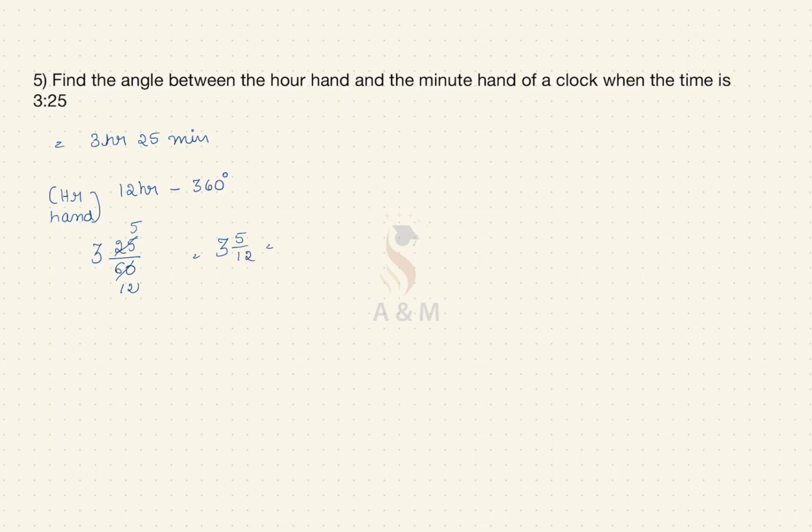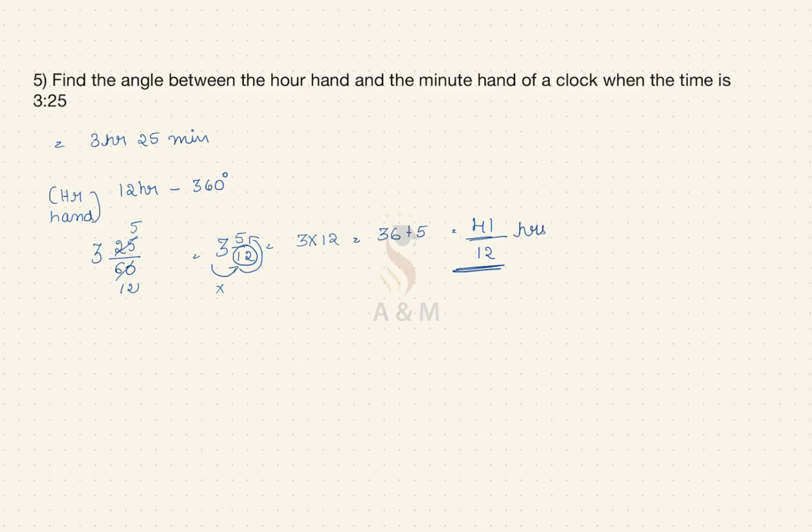Now this is a mixed fraction, so convert it into an improper fraction. 3 into 12 you get 36, 36 plus 5 is 41. 41 divided by your denominator, that is 12. So it is 41 by 12 hours.